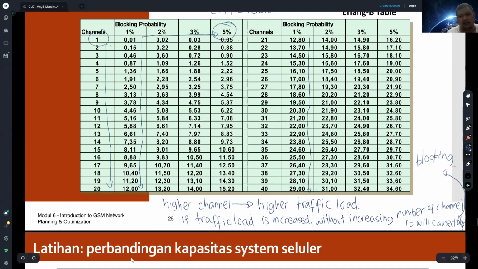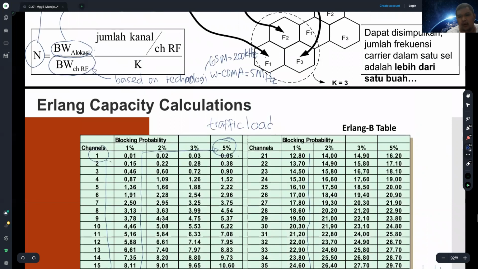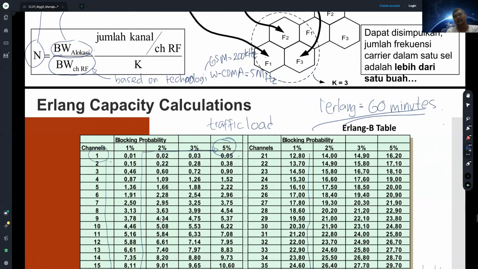Since if we are using voice communication, 1 Erlang is equal to a fully occupied channel of 60 minutes. That's the 1 Erlang value. Okay. So if we are talking on a phone for up to 30 minutes, it is equal to half an Erlang. Okay.